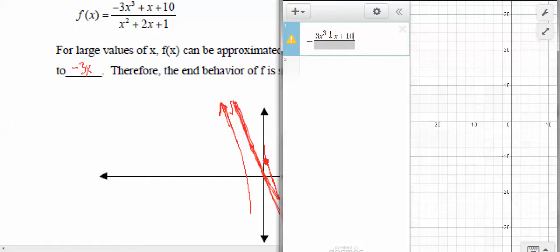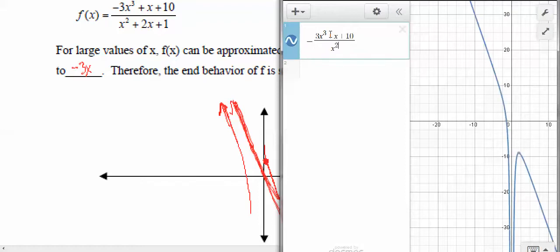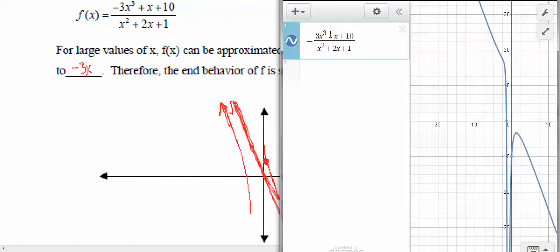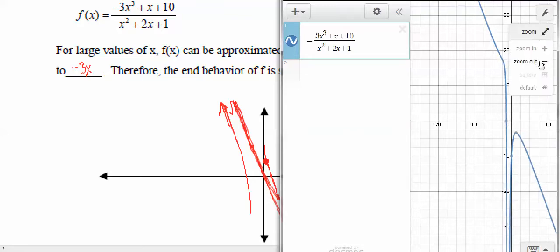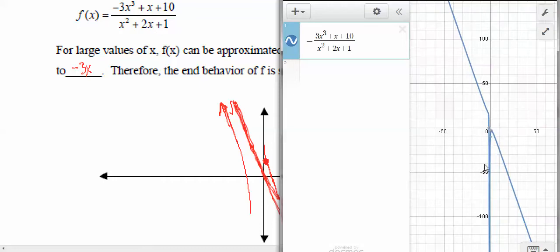I have no idea why this thing doesn't display nicely, but x squared plus 2x plus 1. Okay, so things are happening that are funky in the middle, but this thing actually did exactly what I thought it would, as far as you zoom out.